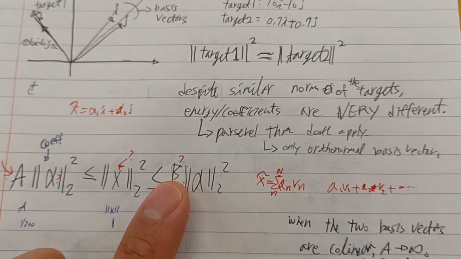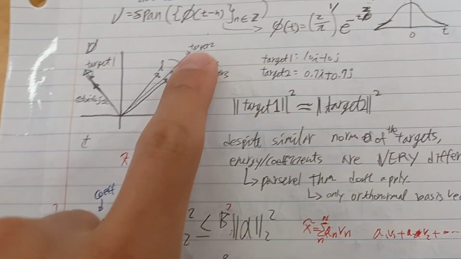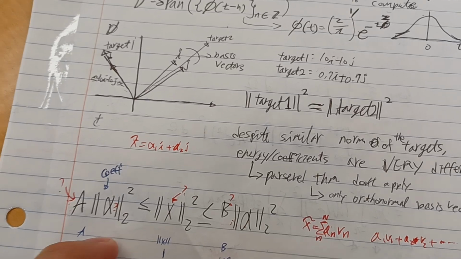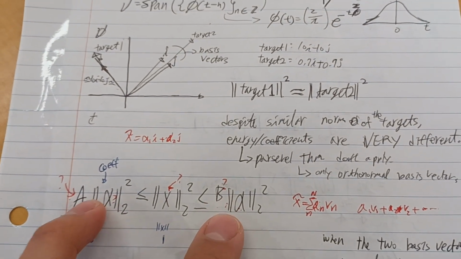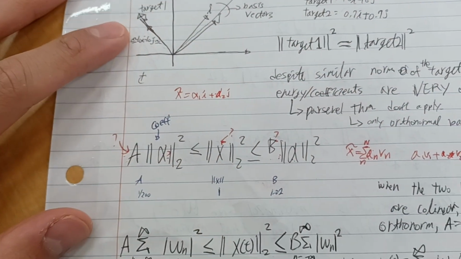So target 1 could be closer to b, and target 2, in between, would be closer to a. You can imagine there's some limit of how big this coefficient can get, so a and b are what they're representing.